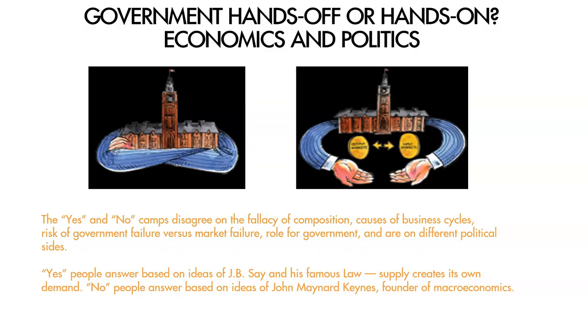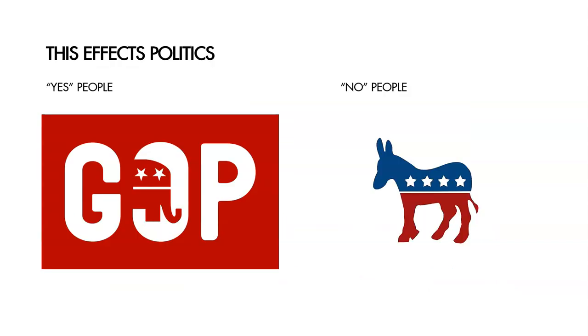Now, if you are a quote unquote yes person, that idea is based off of an economist named J.B. Say and his famous law, supply creates its own demand. Now, the no people are basing their ideas on John Keynes, the founder of macroeconomics. I know we've touched upon this before. And on a very simple level, if you are a yes person, you're a Say person, you are probably a Republican.